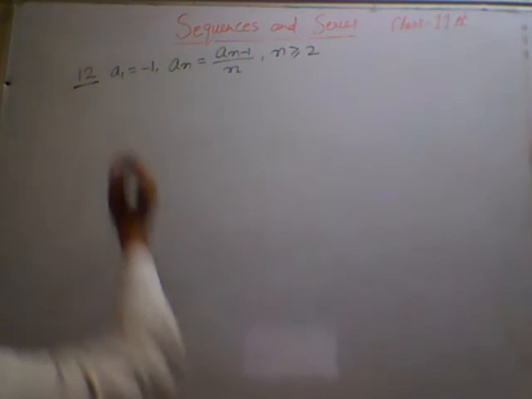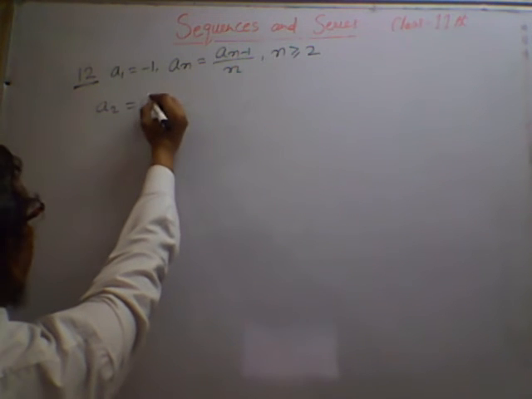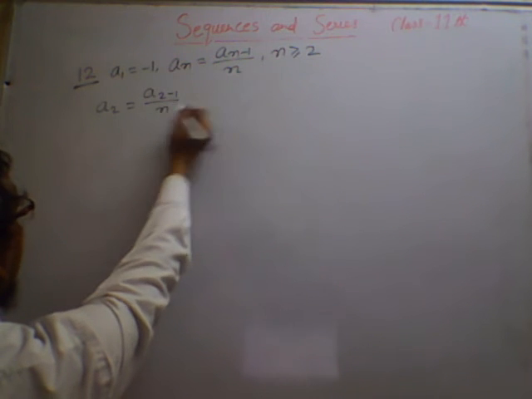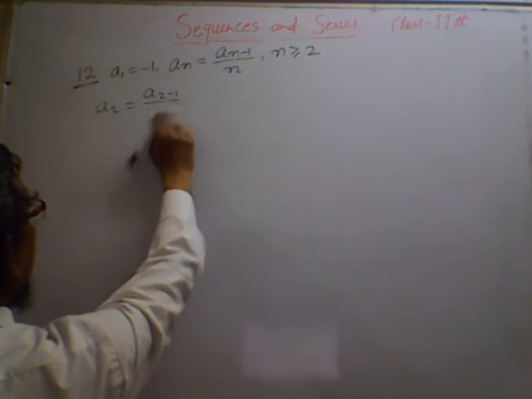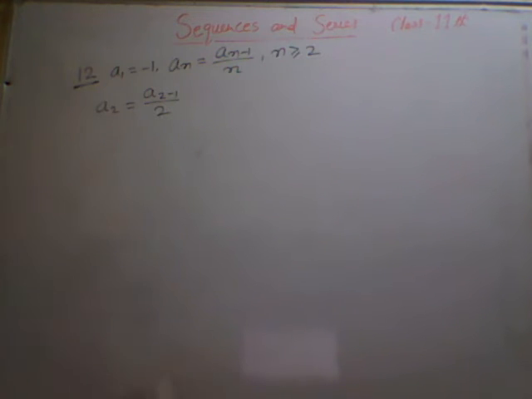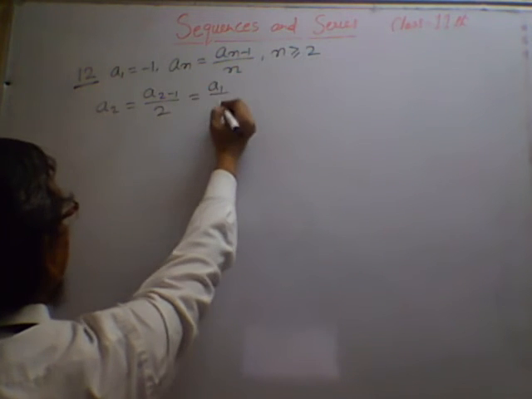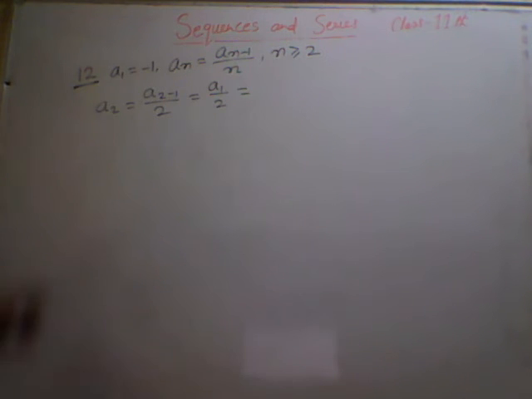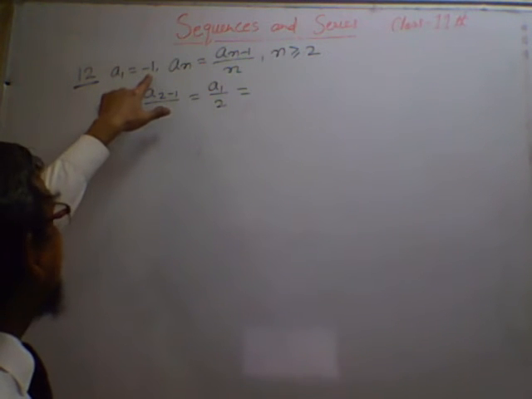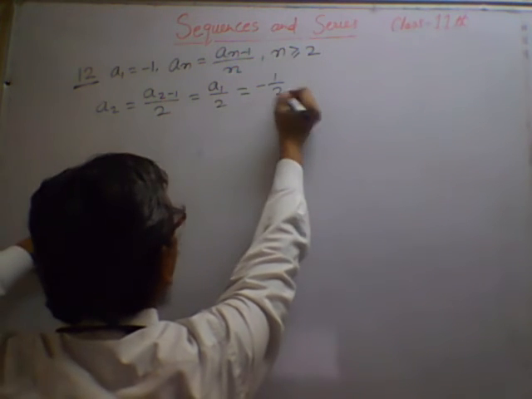We will find out first a2. a2 is equal to a2 minus 1 by n, by 2. We will write 2 in the place of n. So it will be a1 by 2, and the value of a1 is minus 1. It will become minus 1 over 2.